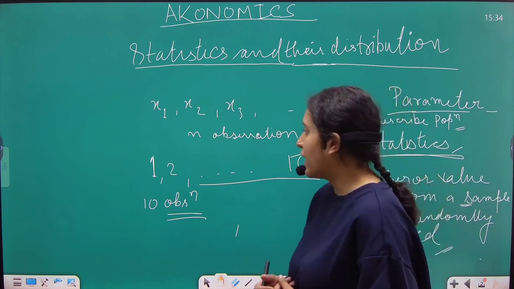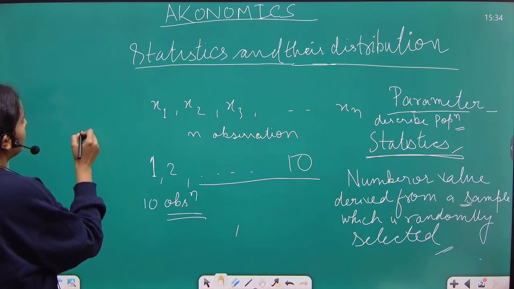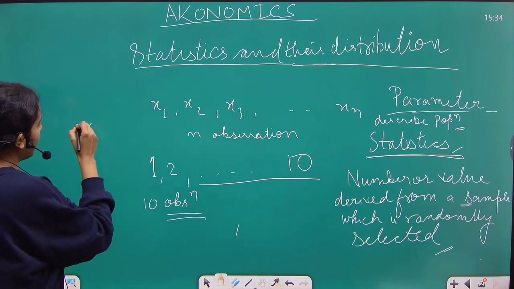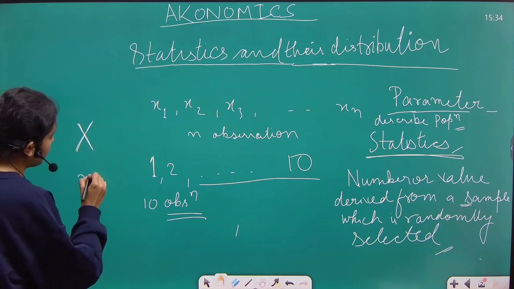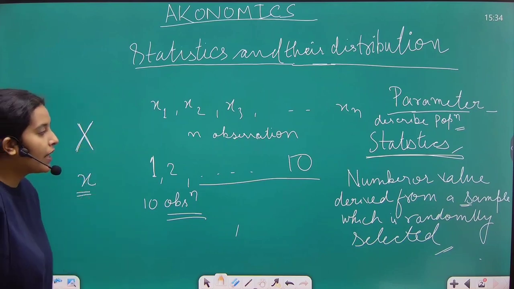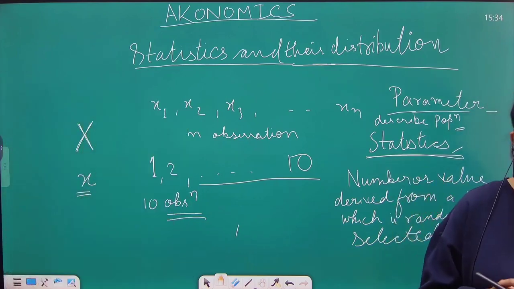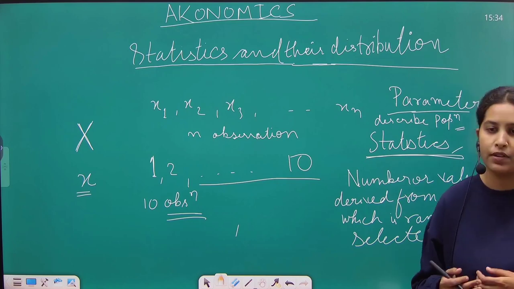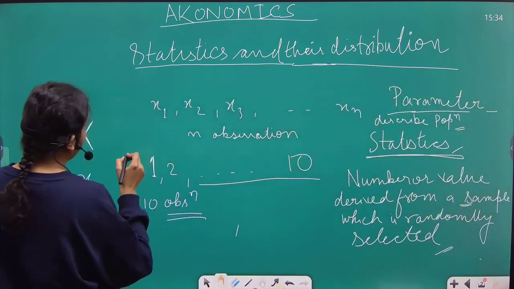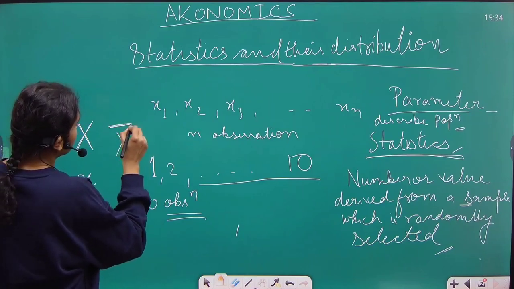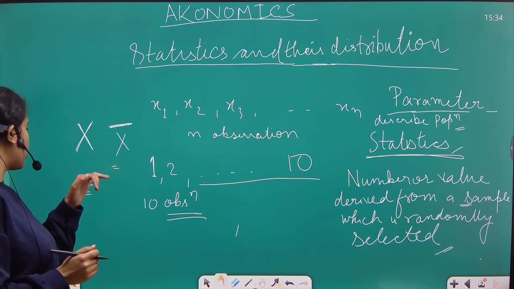For statistics, anything which is observed is expressed by uppercase, and whatever value is calculated is expressed by lowercase. For example, when we are thinking of selecting a sample and saying we will calculate sample mean, sample variance, then we will denote that sample mean by uppercase X bar, because still now this is not calculated and the sample is not selected.